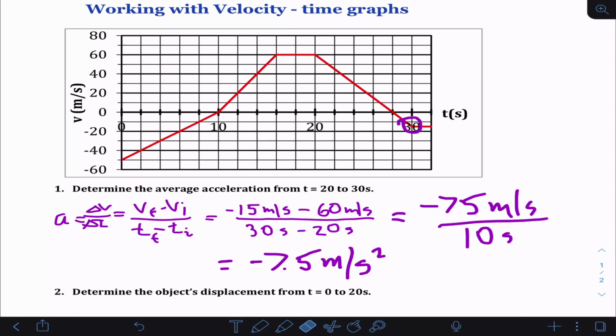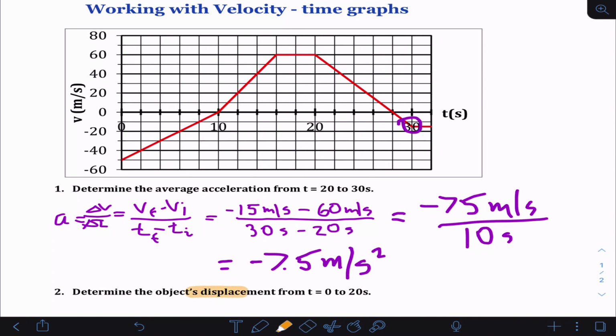In this case, if we take a velocity and multiply it by a time, we get a length. And so calculating or shading the area between the graph and the time axis gives us the value of the displacement. Let me show you what I mean.